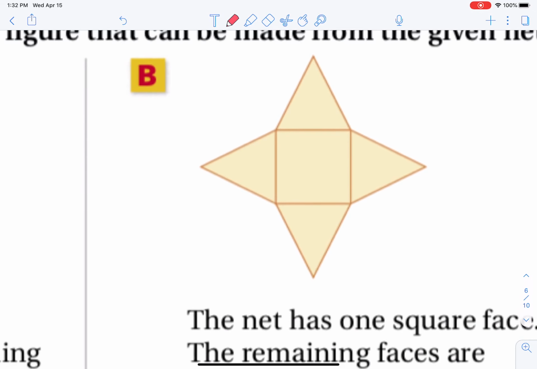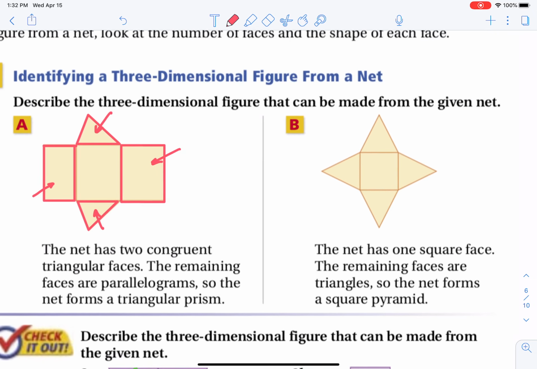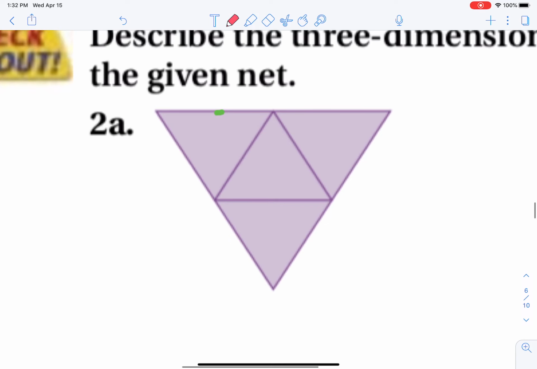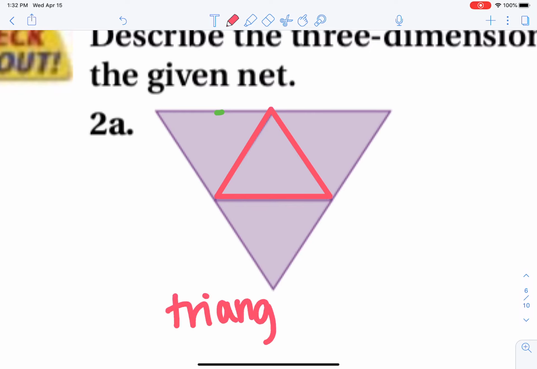This one looks to me like the triangles would fold up. You'd have a square base or a rectangular base, some kind of quadrilateral base, and then you'd have a pyramid when they fold up. So this is saying it's a square pyramid. So what about these? To me, this one looks like you would have this as the base, and then the other triangles would fold upwards so that you had a triangular pyramid.